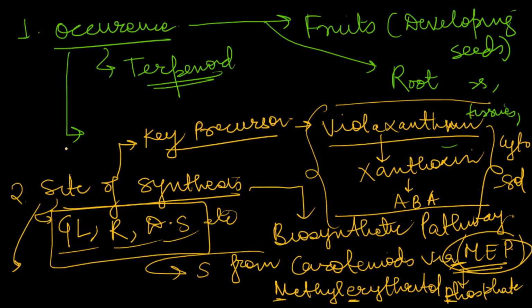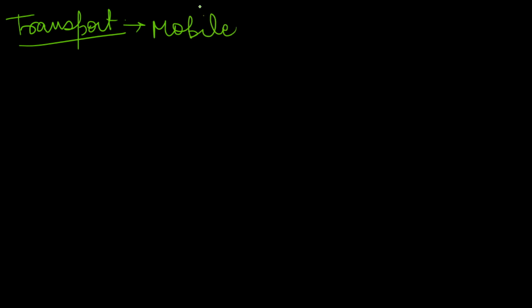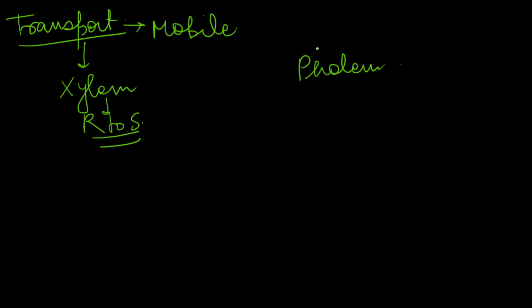Now, after occurrence and site of synthesis, the question also asked about transport. It is a quite mobile hormone, and it can be transported via both xylem and phloem. When it is transported from roots to leaves, it is through xylem, and when from leaves to other parts, it is through phloem.